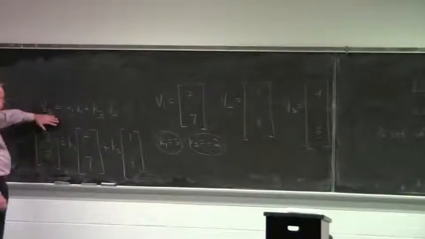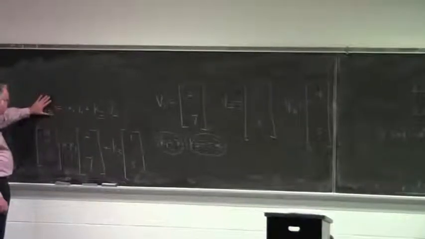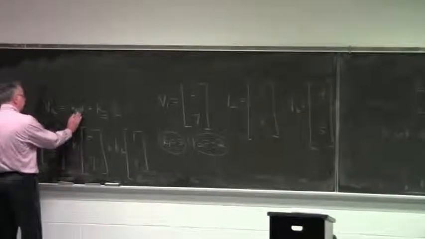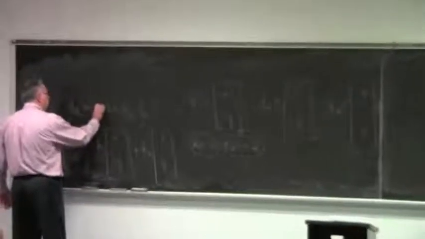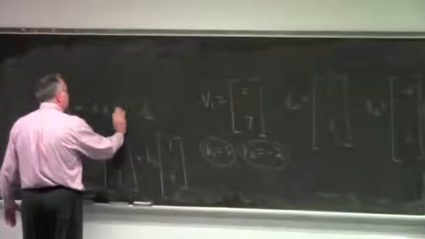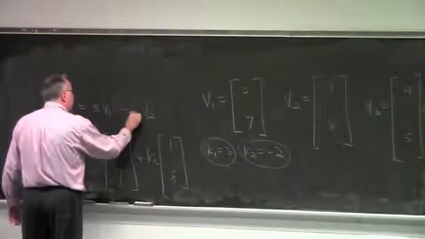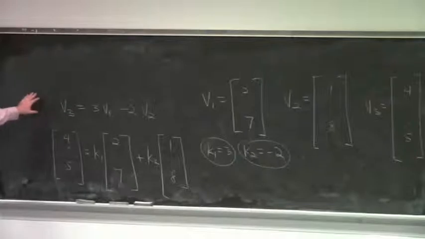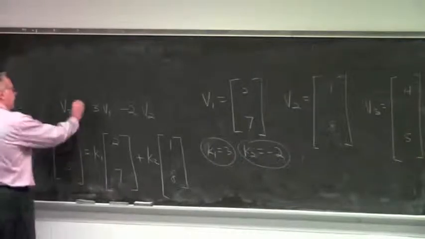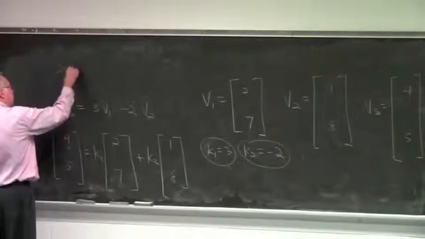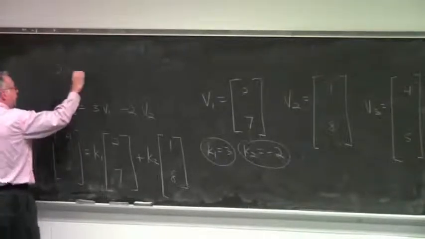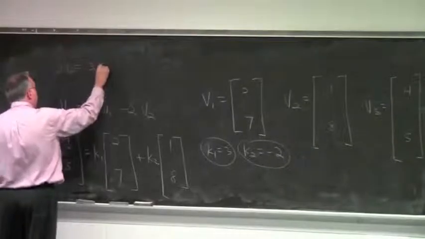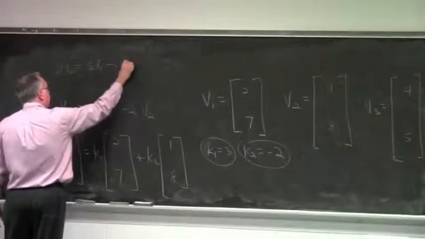Let me just illustrate that. Here we have shown this, and now just substitute in, this is 3, this is minus 2. But we could solve for v2 as a function of v1 and v3 just by getting it over on the left-hand side. We could rewrite this equation as 2v2 equals 3v1 minus v3.